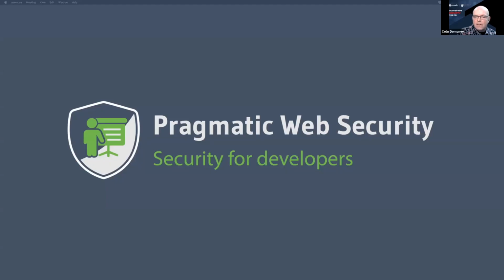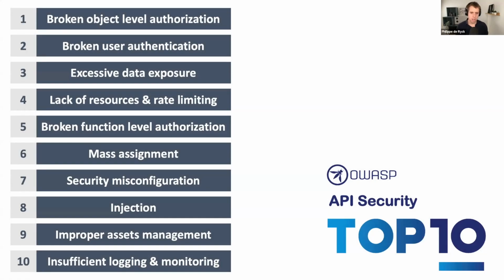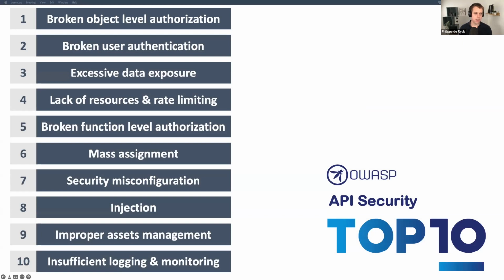Sure, absolutely. Let's do some screen sharing of my empty screen, and let's dive into the API security top 10. Wait, now I have to find you again. All right, so I can see you as well. Awesome. So that's the API security top 10.